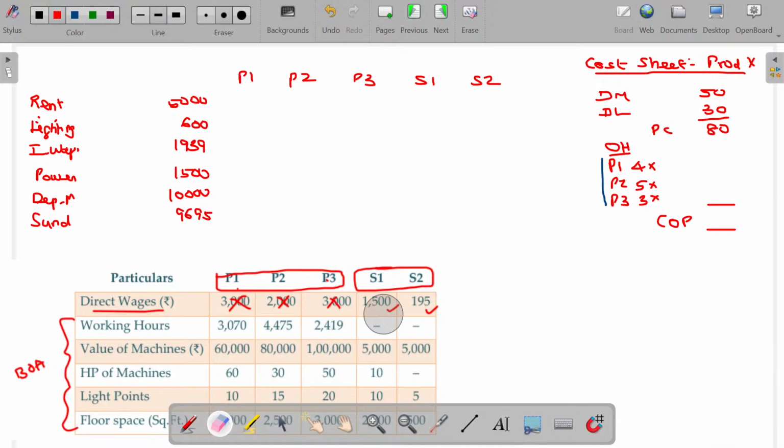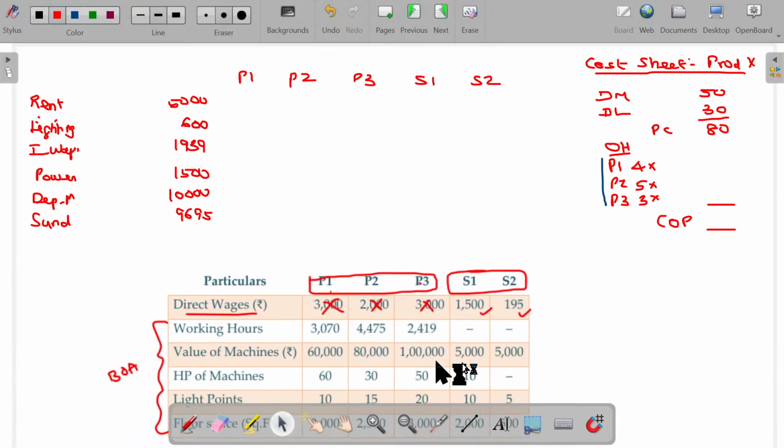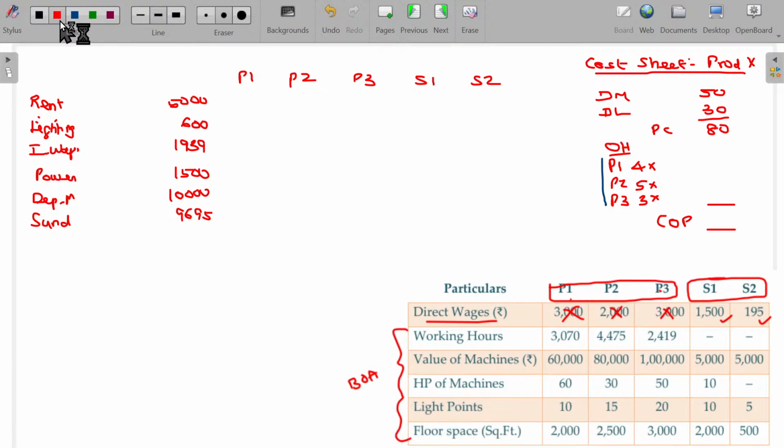My duty is to apportion or allocate to 5 departments. Tell me, try to match. Rent can be apportioned by what? Here direct wages is given, no? So direct wages will be considered only for the service departments, 1500 and 195.